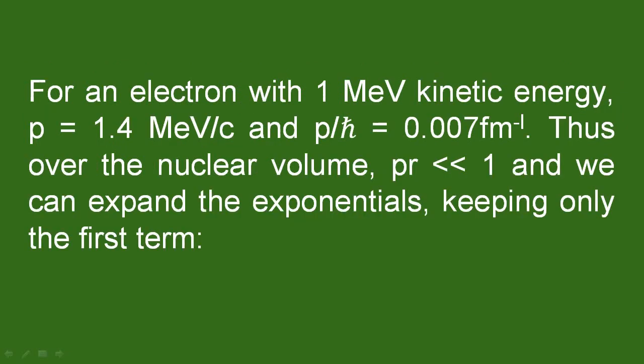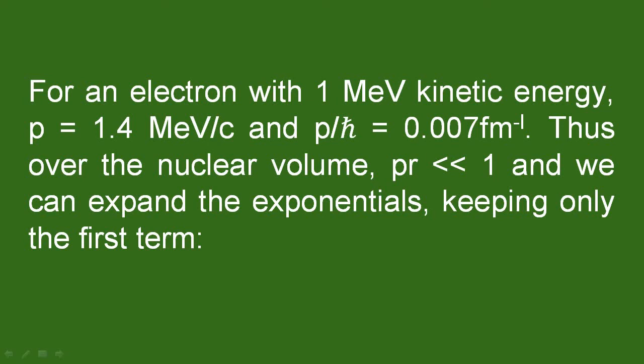For an electron with 1 MeV kinetic energy, p you can calculate as 1.4 MeV by c, and the number p by h cross is 0.007 per femtometer.